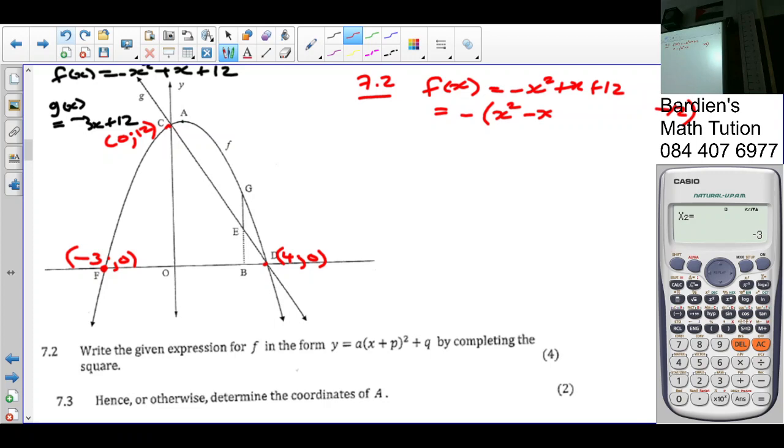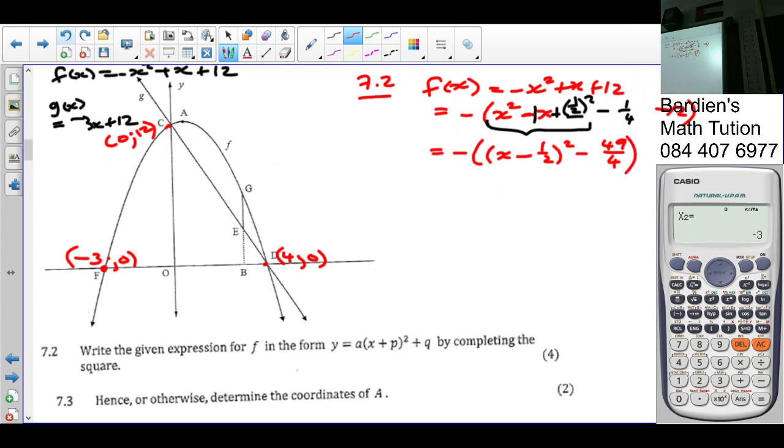Not so? So what do we do now? We also say, okay, what must be added to complete the square? It's b times a half. B, which is 1, and 1 times a half is a half, squared and subtracted as well, gives you 1 over 4. So there's my perfect square trinomial. So it's x, as you can see, minus a half squared, minus a quarter, minus 12, which is minus 49 over 4.